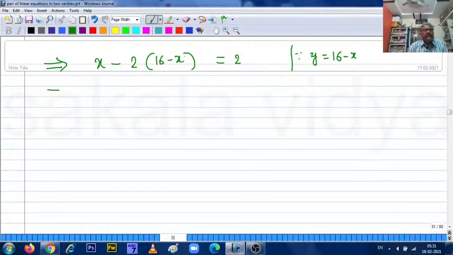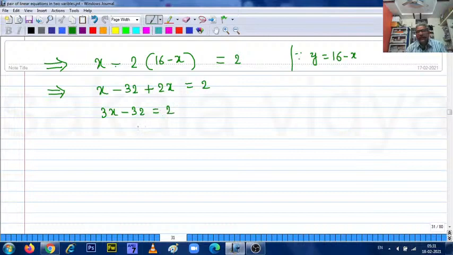Open the bracket: minus 2 into 16 is minus 32, because 16 into 2 is 32, minus into plus is minus. Minus 2 into minus x is plus 2x equal to 2. Now 2x plus x is 3x, minus 32 equals 2.